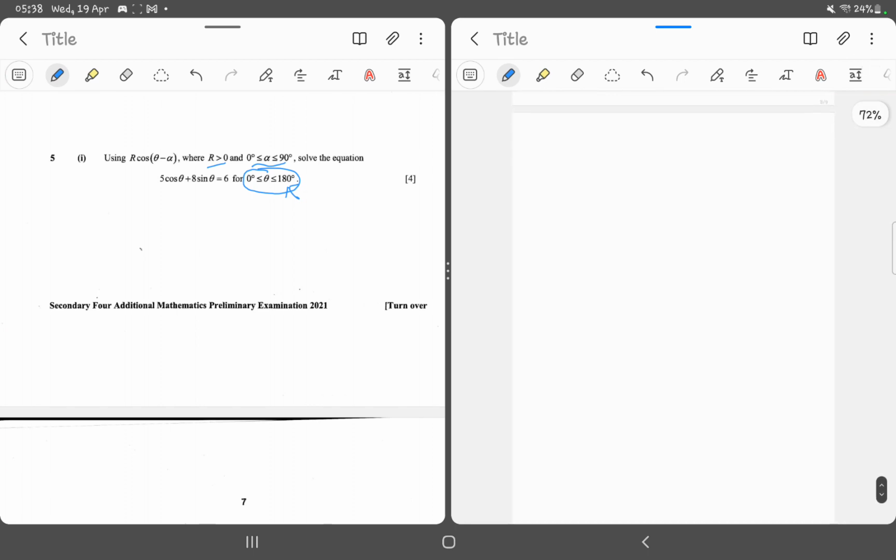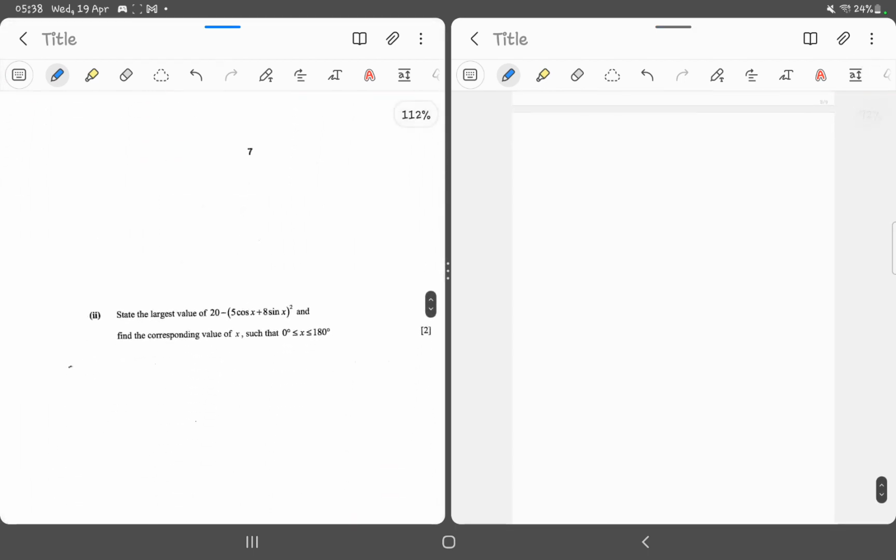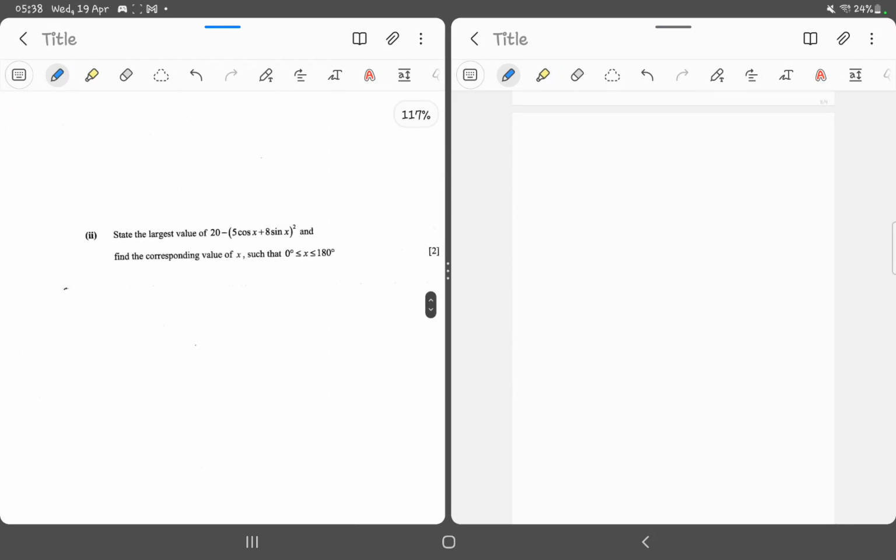Let's move on to 5 part II, which is to state the largest value of 20 minus bracket 5 cosine x plus 8 sine x whole thing square, and find the corresponding value of x within these angles.